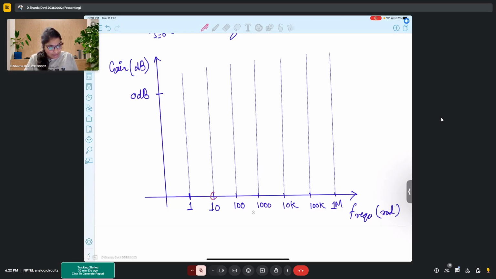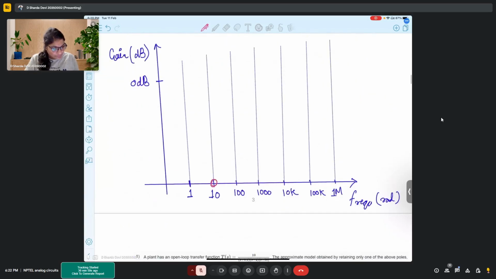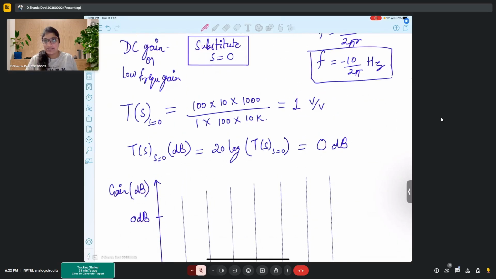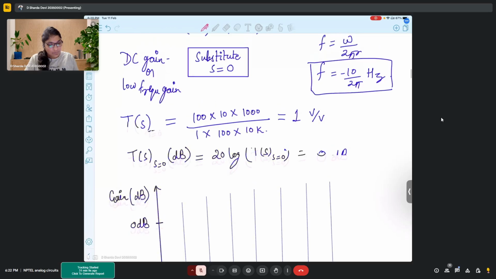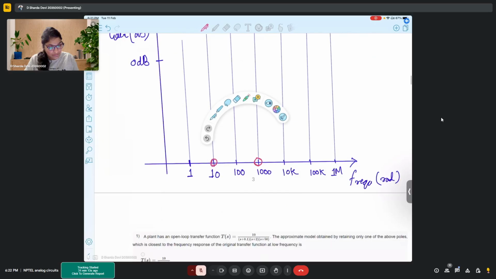So here we had a 0 at minus 10 and at minus 1000. So I'm denoting 0 by the small circles and I'll denote the poles by a cross. Okay, so poles are at 100 and 10,000.